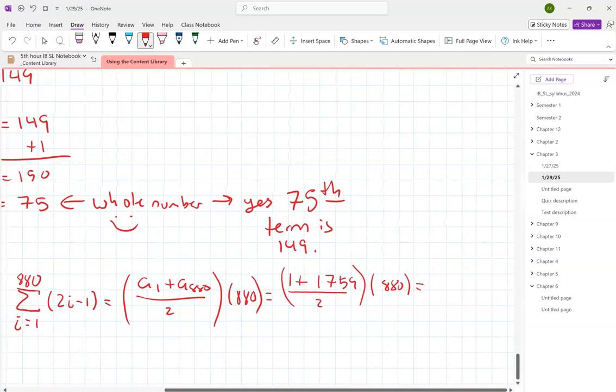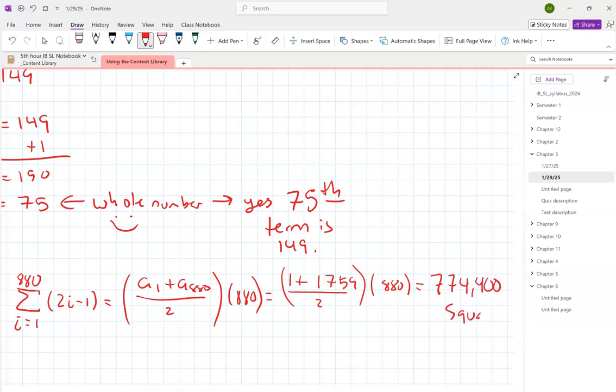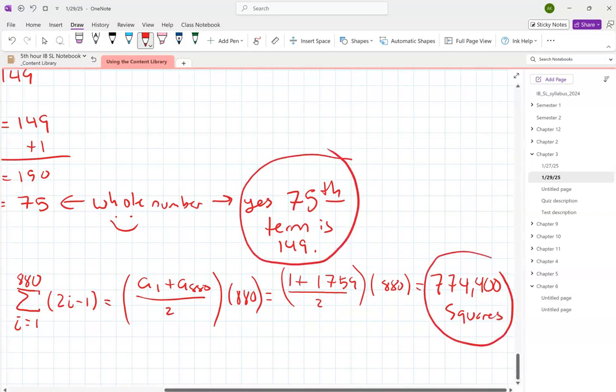And if I type that into my calculator, $774,400 squares.